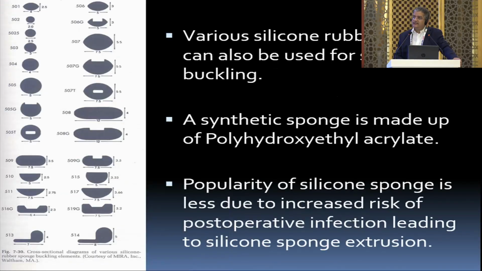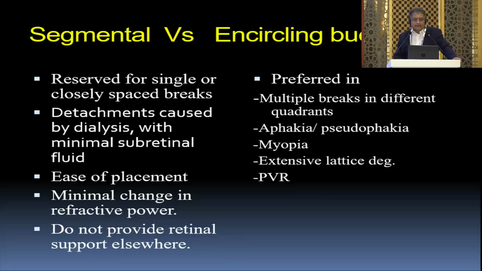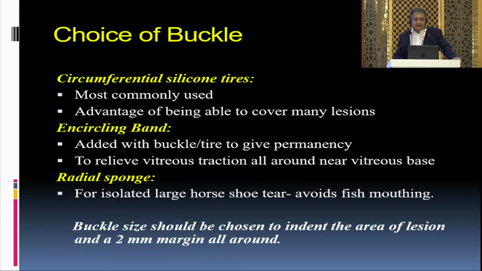And then you also have the sponges, which are predominantly used as a radial buckle, but the usage is relatively less because they have a higher incidence of exposure. So the preferred choice generally is a circumferential tire, usually along with an encircling band.